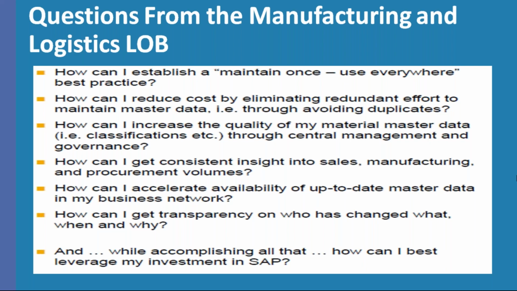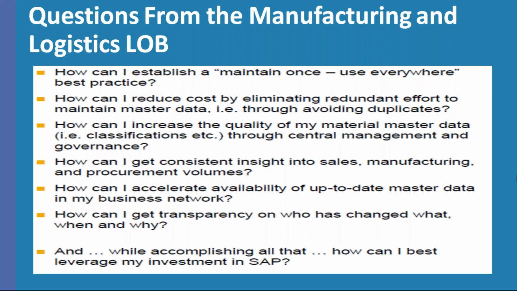Now, how can I accelerate availability of up-to-date master data in my business network? It is very important that from time to time we update our master data. Obviously, business will update, but the framework should allow updating from time to time.